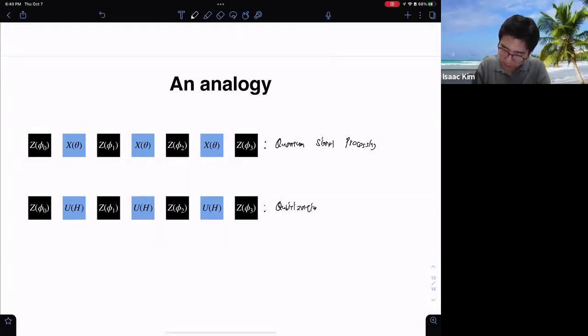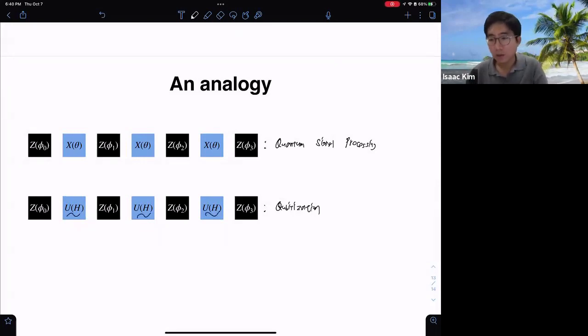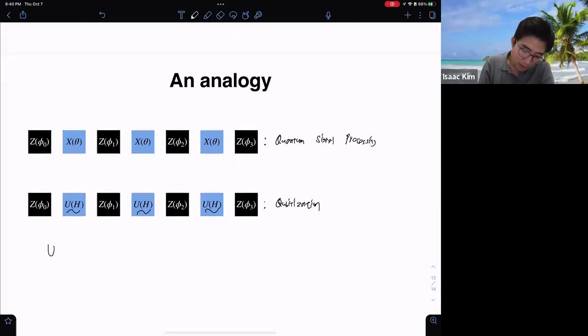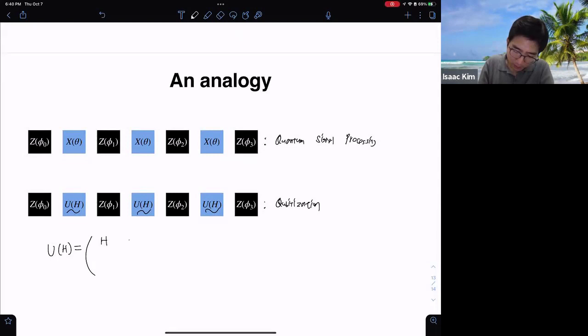Of course, I haven't told you what this U of H is. At the moment, let me just say that it's some unitary that encodes information about the H. More precisely, U of H will be some unitary such that in some basis, it looks like the following. It will have a block diagonal structure.